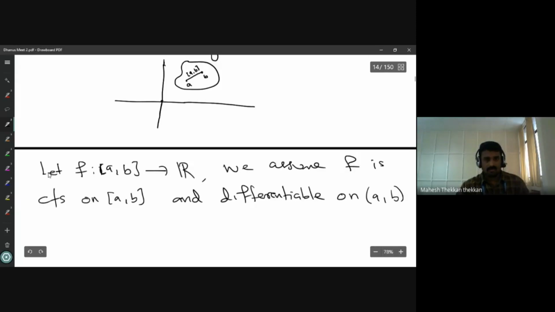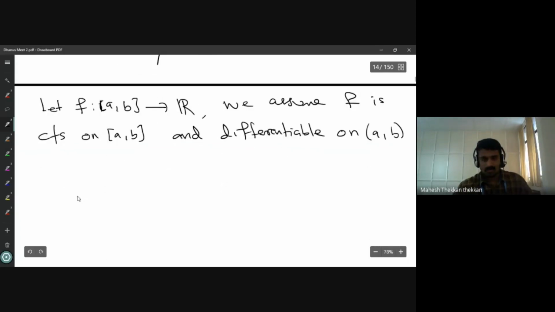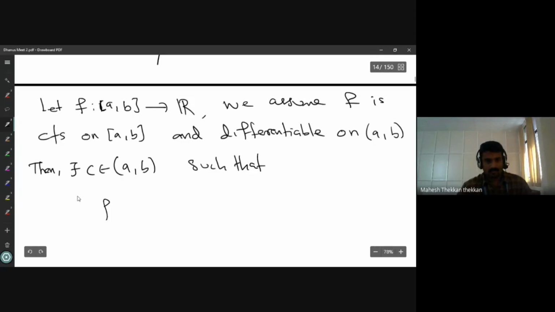So what does the mean value theorem say? Then there exists c belonging to the open interval (a, b) such that f'(c) is equal to (f(b) minus f(a)) by (b minus a).